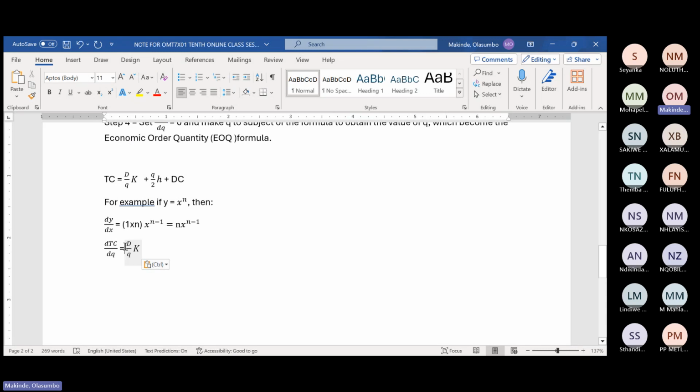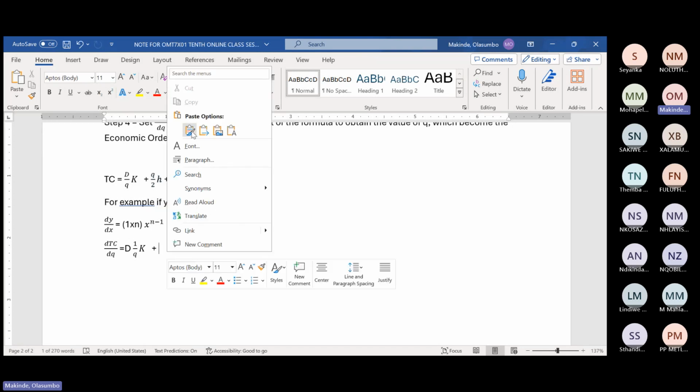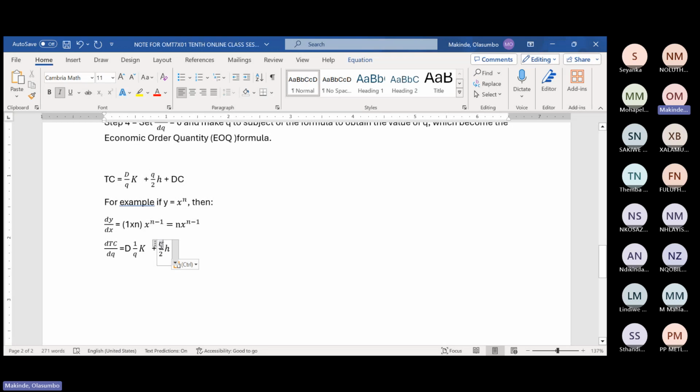So mathematically, this is more of capital D times 1 over Q, because I want to simplify this so that it can be Q raised to something and apply the law of indices. Then Q over 2, don't forget Q is alone. I can bring that H over 2 out and bring Q separately, because I want to differentiate that Q. So it's just a matter of rewriting this: it becomes H over 2, then Q, still the same thing, but I just want Q to be a standalone.